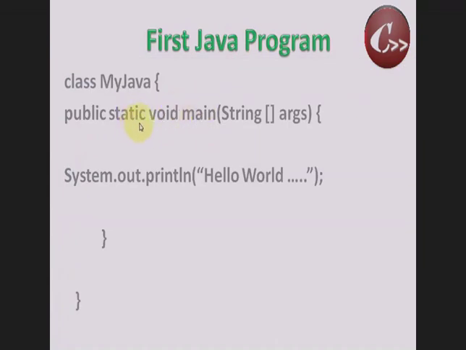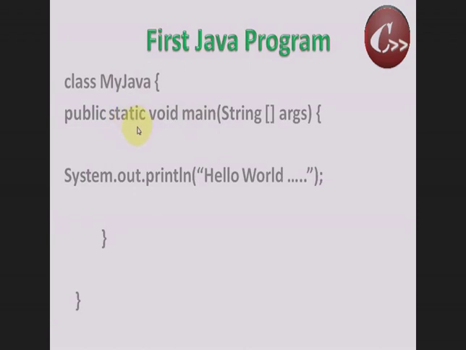Now you may be familiar with this concept. Why? The answer is, without the use of the object of the class myJava, we are going to access the main method. In order to make it possible, we specify the keyword static before the main method.